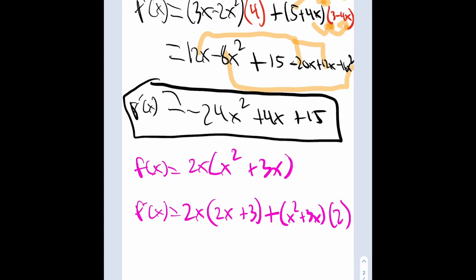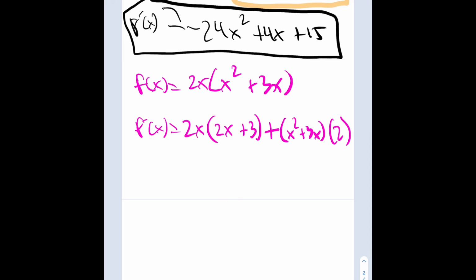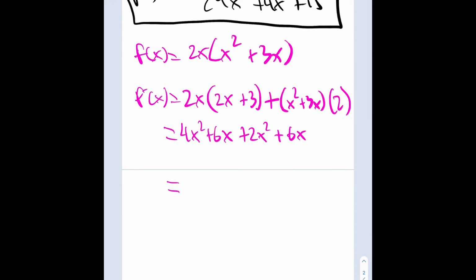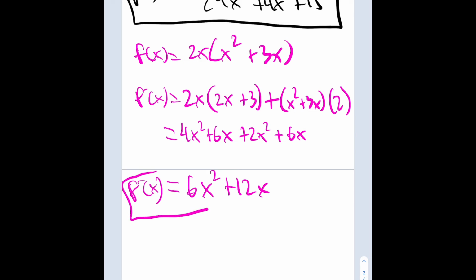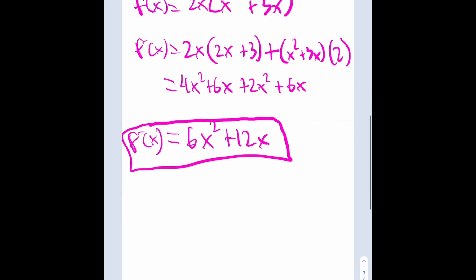The derivative of the first is just 2. Now I'm going to use the distributive property: 4x squared plus 6x plus 2x squared plus 6x, and we're going to combine like terms and get 6x squared plus 12x. So the derivative of my original function is 6x squared plus 12x.